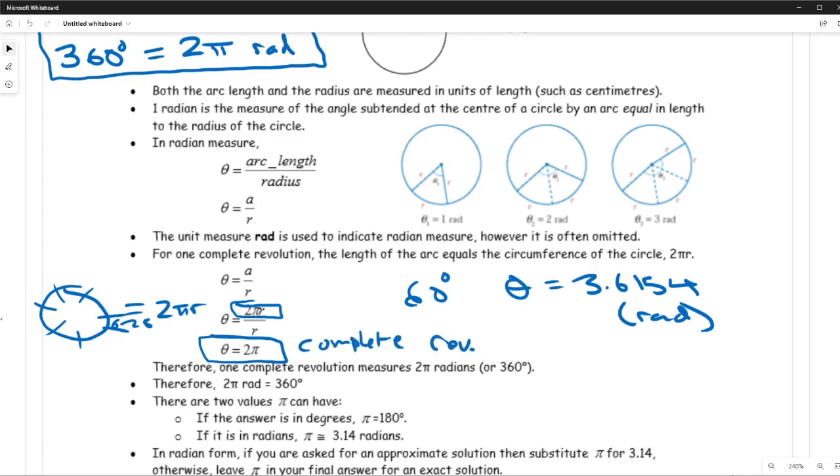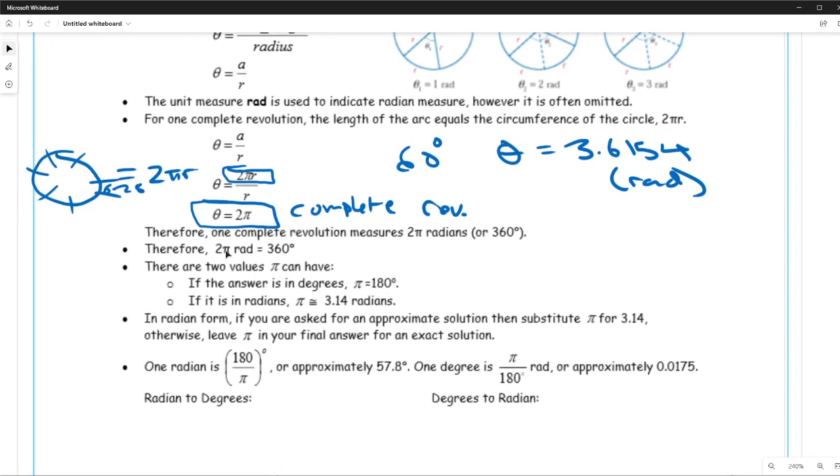Going around the circle completely is 2 pi. One complete revolution is 2 pi radians. 2 pi radians is equal to 360, and pi is 180 degrees. What we now think of as 180 degrees, we can just think of as pi. In radians, it's 3.14 radians, because that's what it is.